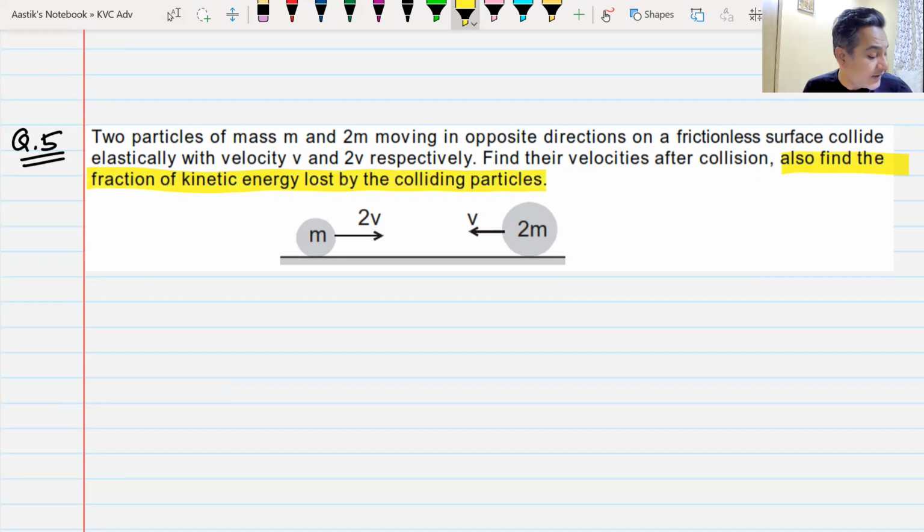Will there be any loss of kinetic energy? No, sir. Why no, sir? Because in elastic collision, kinetic energy before collision is equal to the kinetic energy after collision. Remember, total kinetic energy before collision is equal to total kinetic energy after. The individual kinetic energies can change. Do we understand this? Yes, sir. Okay, so here's the question.